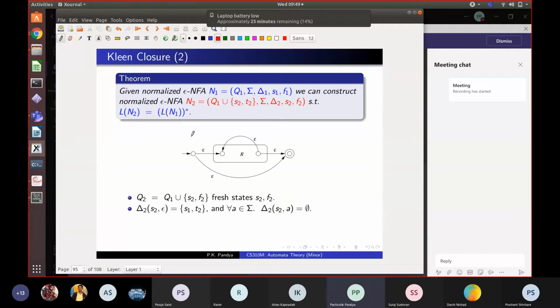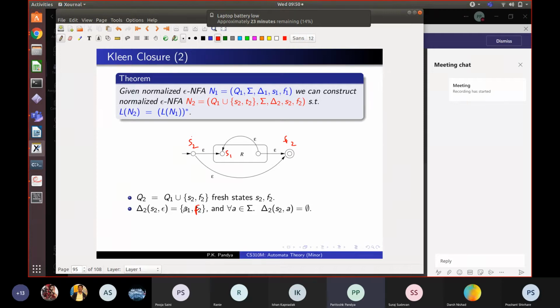From this newly added state S2, what are the transitions possible? Well, on an epsilon, it will go to S1 as well as F2. Why is this T2? This should be F2. Yes. So you can see that from S2 on an epsilon, you can either go to S1 or you can go to F2.